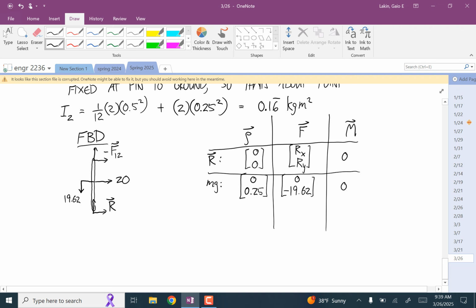Cross product is 0. And then the 20. Yep, same row vector. And the force is 20, 0. Cross product is 0 times 0 minus 0.25 times 20, so that's negative 5.